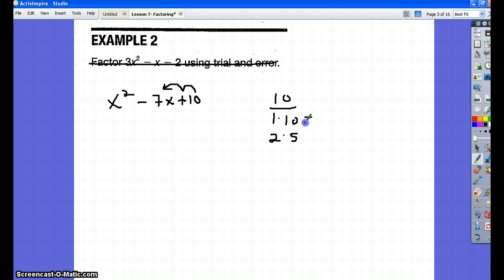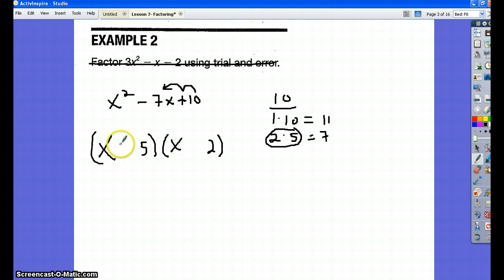So 1 plus 10 equals 11. 2 plus 5 equals 7. So therefore, we're going to use 2 and 5. We have our parentheses. That's going to be x and x always if it's a simple trinomial. So we're going to say 2 and 5. Now the only thing left to do is to figure out the signs. What signs go here?